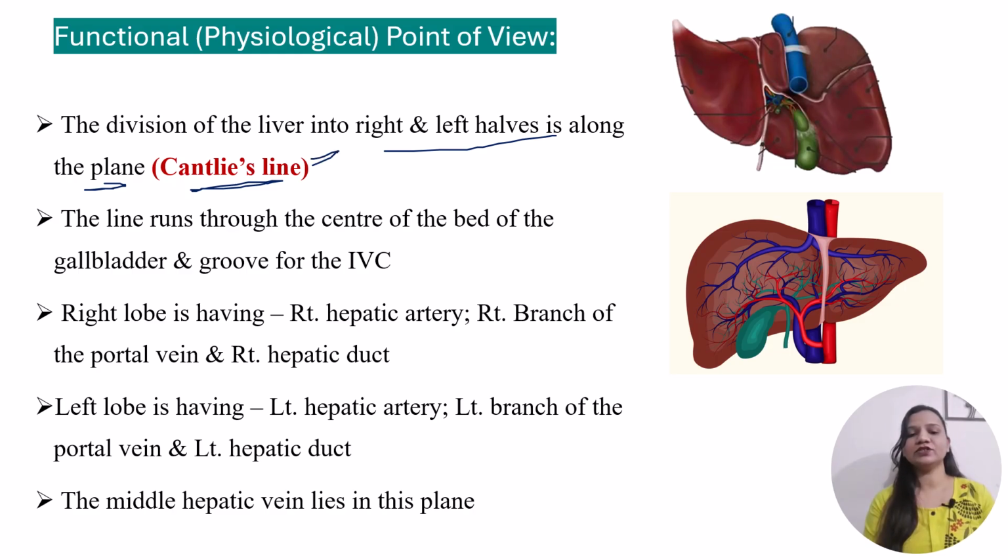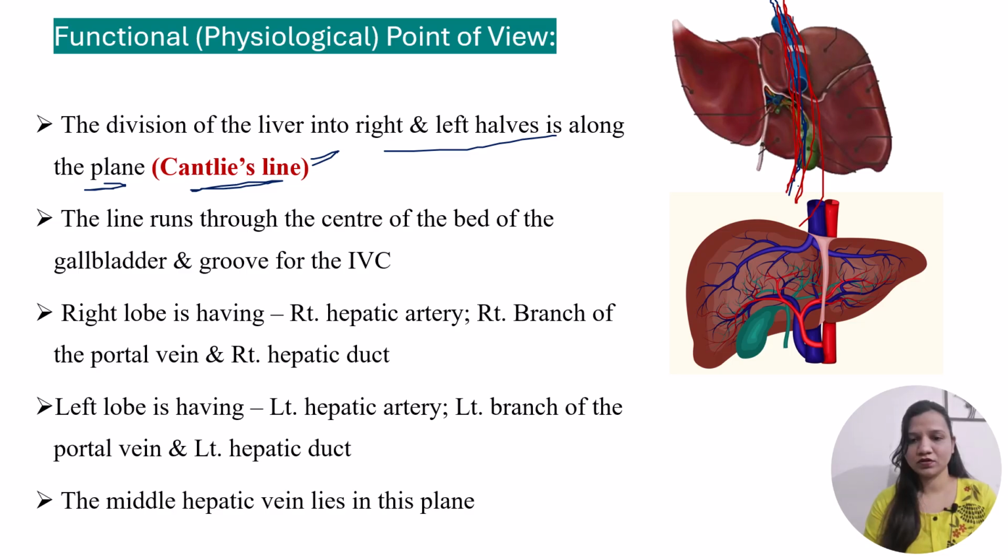This imaginary plane runs through the bed for the gallbladder and the groove for the inferior vena cava. You can appreciate here, this is the inferior vena cava and this is the gallbladder. So, the Cantlie's line runs through the bed for gallbladder and the groove for inferior vena cava. I draw this imaginary plane, so it goes like this.